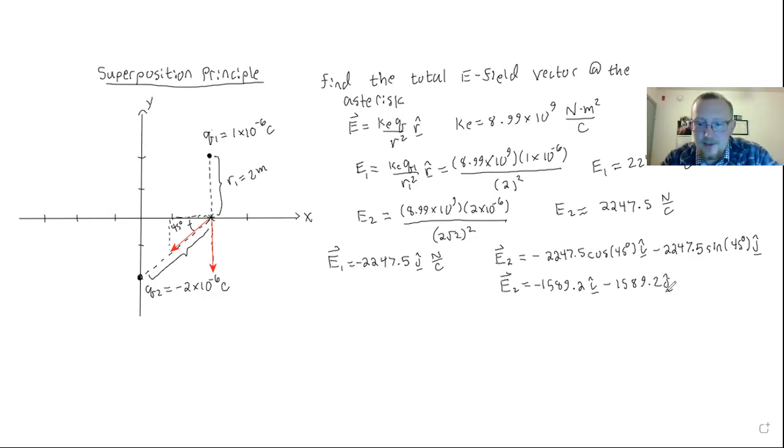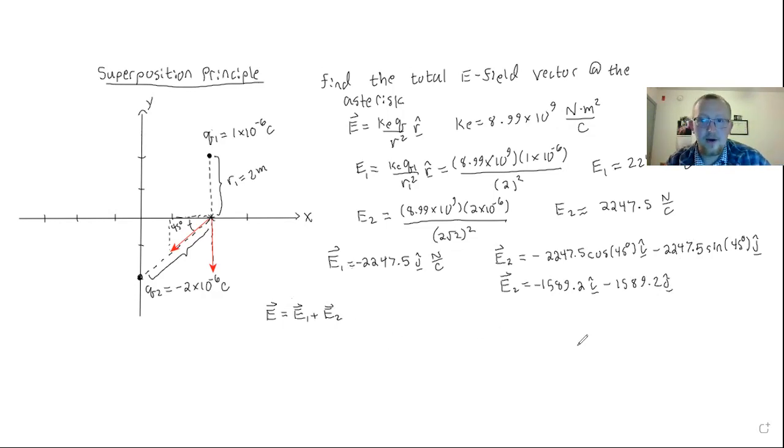But there's nothing wrong with double checking. All right, looks good. So now comes the last step, right? We're just going to take the vectorial sum. So the total E field at the point of interest is just equal to the sum of E1 plus E2, or the sum of E1 and E2, I should say.